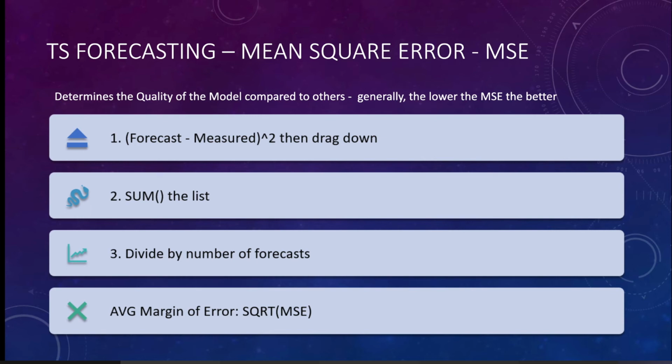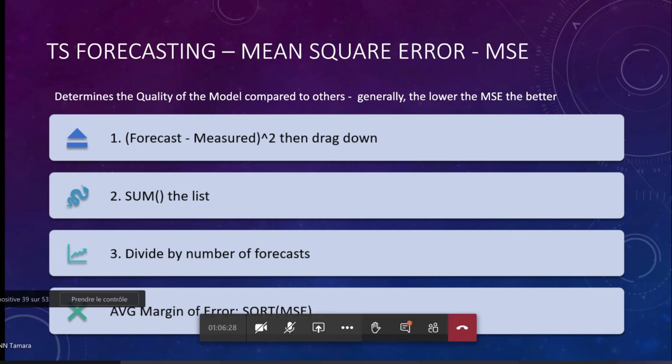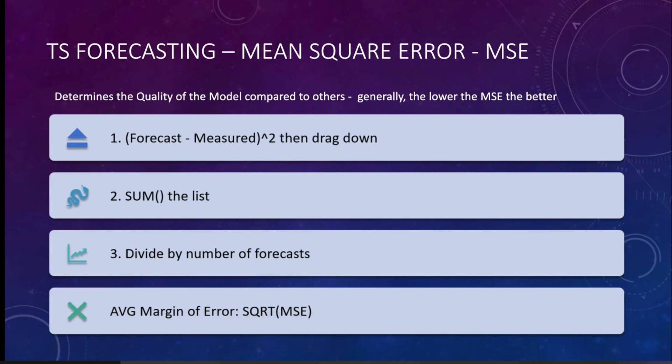You will divide by the number of forecasts that you've made. So for example, if you have a simple moving average of 3, make sure you divide by the amount of forecasts that you have, not by the amount of observations, because your observations will be slightly more.